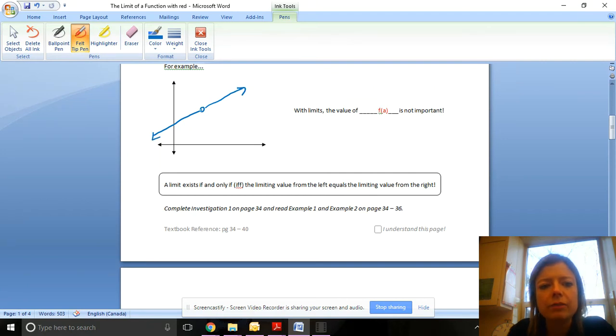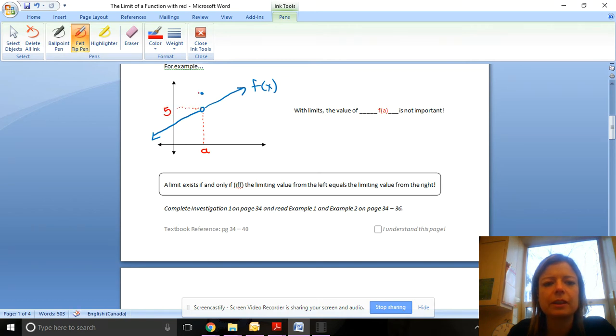We'll call this f at x for the purposes of this example, and we'll say that this hole is happening at an x value that we will just call a. We'll say that this y value is 5, and this y value is 8.